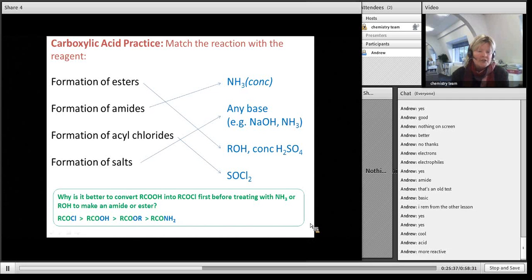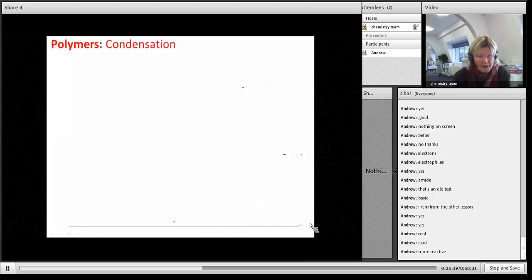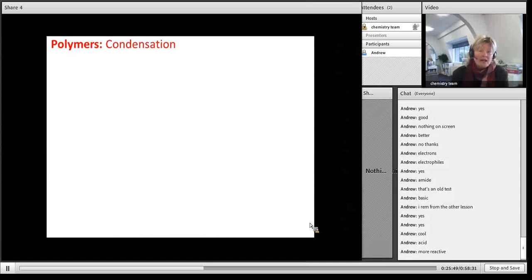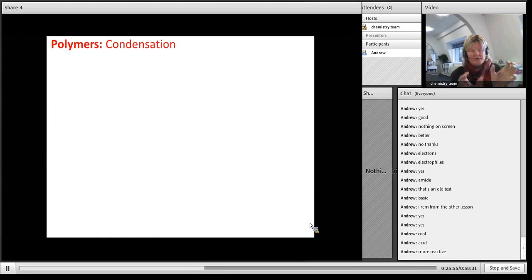Right, so now we've looked at all the reactions, and the last bit we're going to be doing now is polymers, and then the reaction schemes where we tie all those reactions together. Now, last year you did addition polymers, where we took alkene units and we linked the alkene units together.